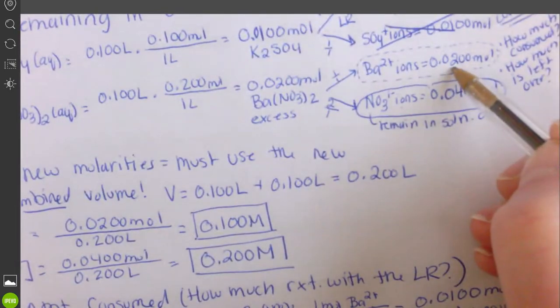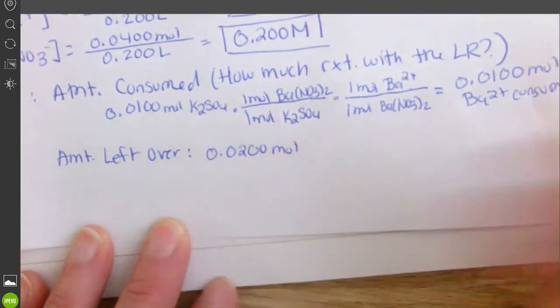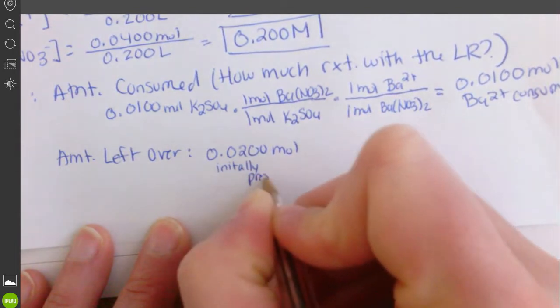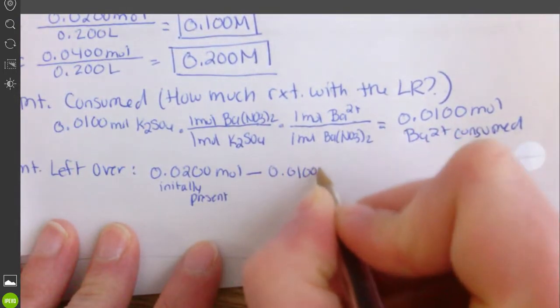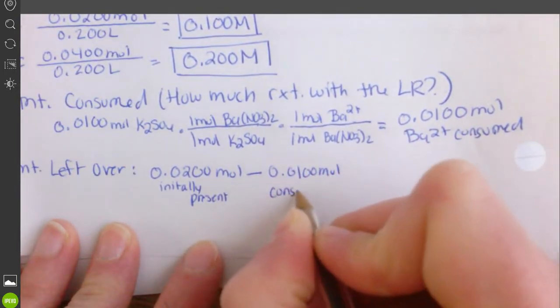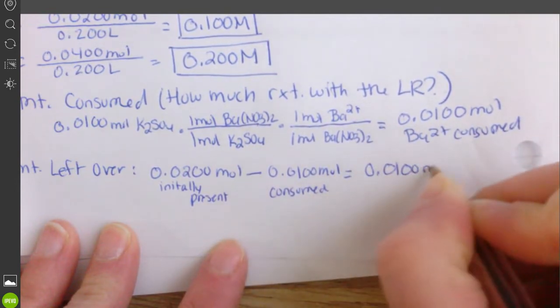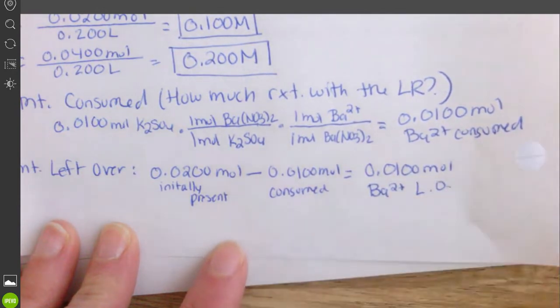So I started with my 0.02 moles up here. That's how much was initially present, minus the amount that was consumed and made into the precipitate, which was my 0.0100 mole. When you subtract those two, you get 0.0100 mole of Ba2+ ions left over.